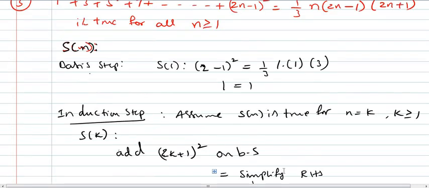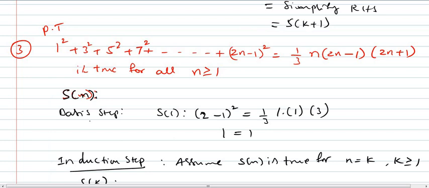So what is the expected answer you have to get here? Assume this is S of k, then S of k plus 1 will be 1 by 3 into k plus 1 into 2k plus 1, since 2k minus 1 becomes 2k when n is replaced by k plus 1, into 2 into k plus 1 plus 1, so 2k plus 3.